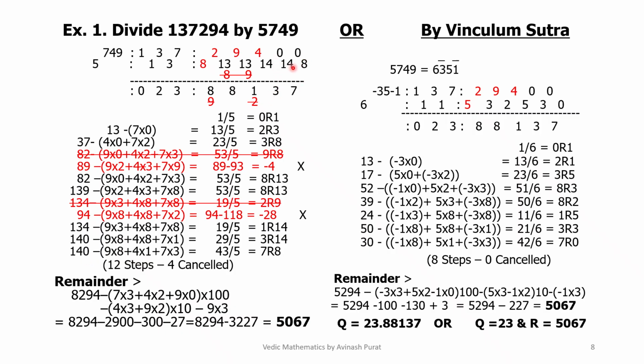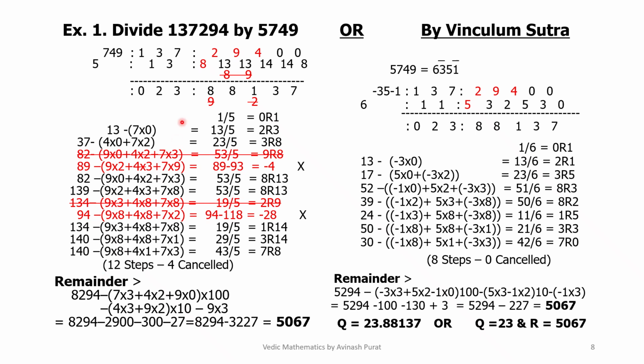So 140 minus 9 into 8 plus 4 into 1 plus 7 into 3 equal to 43 divided by 5, that is 7 is quotient and remainder is 8. So here we have 12 steps, but out of those 4 are cancelled.